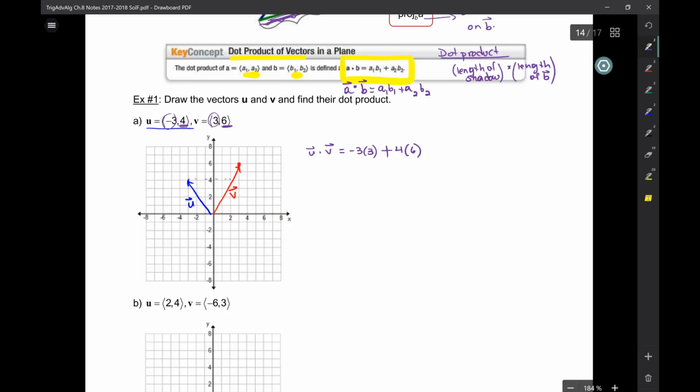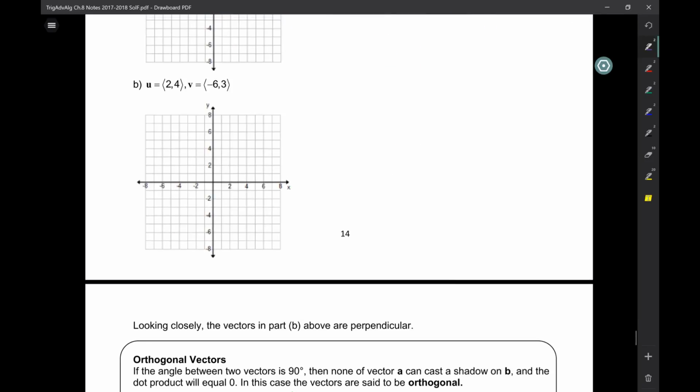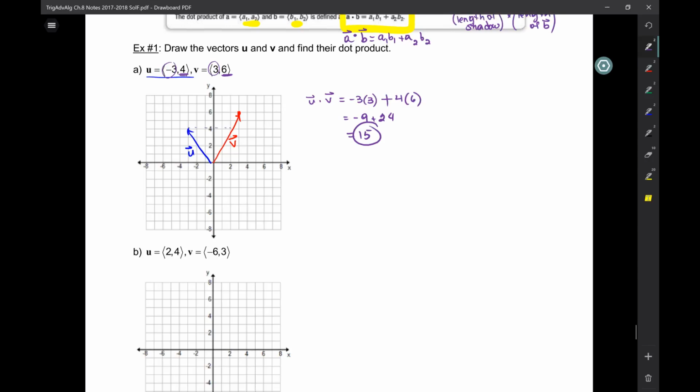So that's -9 plus 24, 15. So you're just going to get a number. Okay, that's very straightforward.